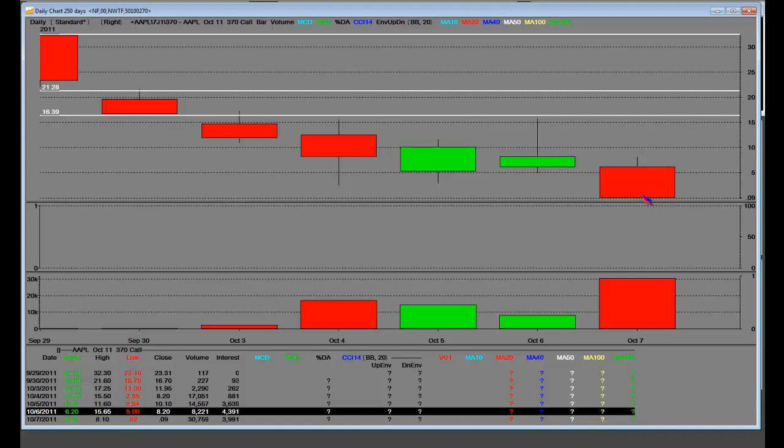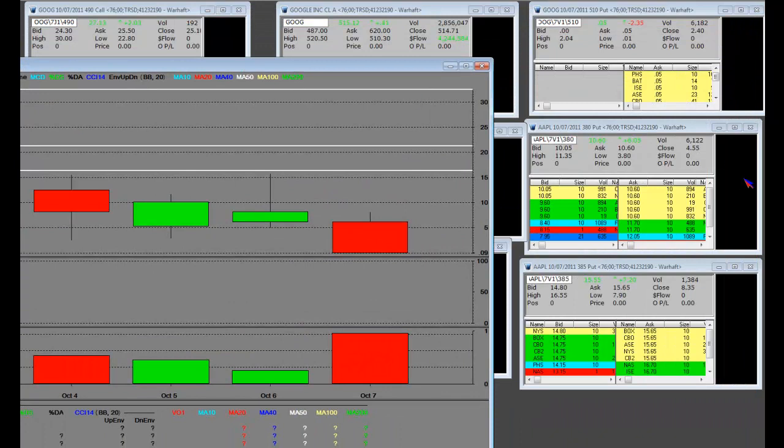The public will ride these kinds of call options down, and they do that every day. But at the same time that this was losing value, the 380 put 10/7 hits $3.80 on the low, and straight up it goes.